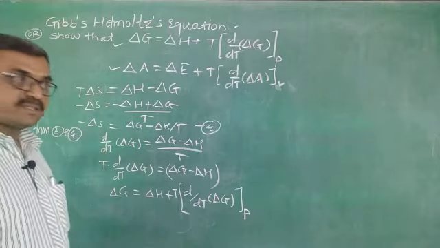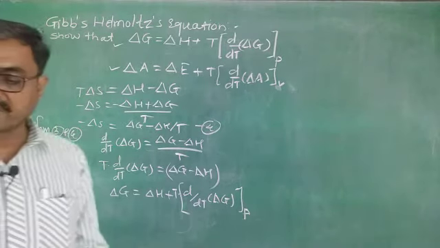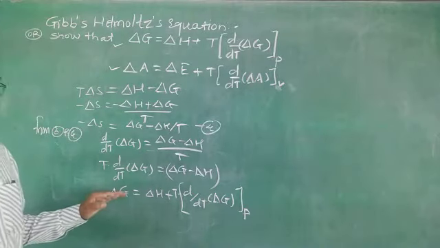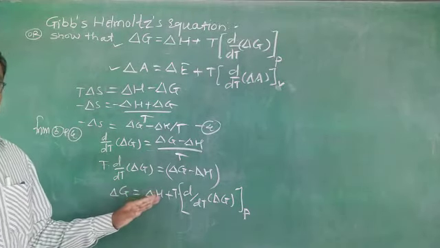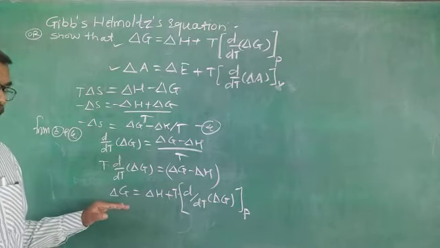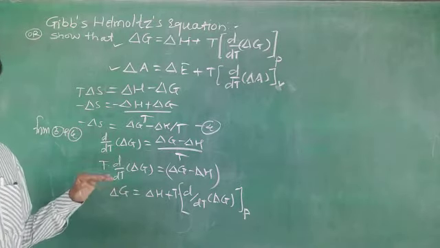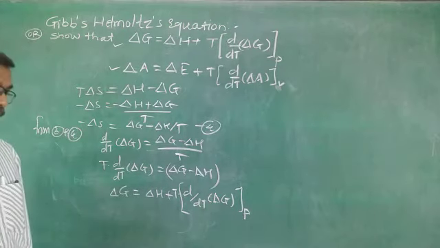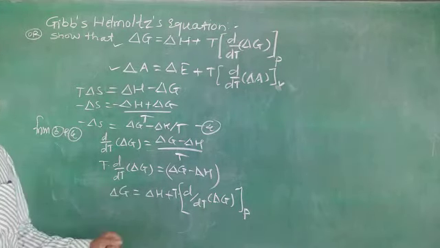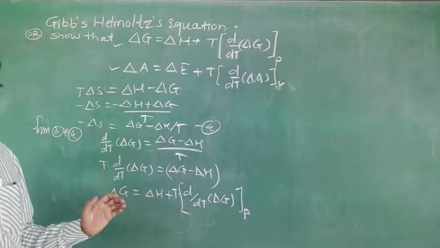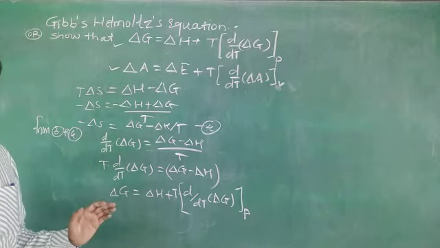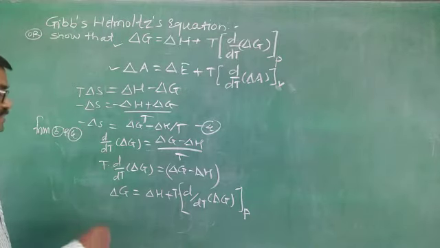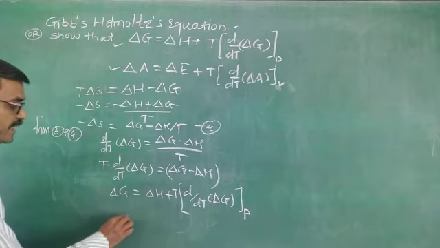That's why this is the Gibbs-Helmholtz equation in terms of free energy G and enthalpy H, at constant pressure. By analogy, the Gibbs-Helmholtz equation becomes delta A. Why?